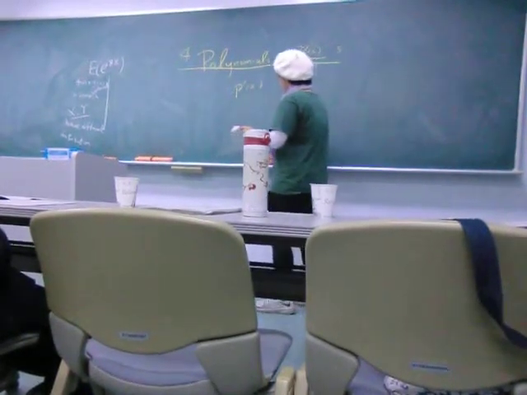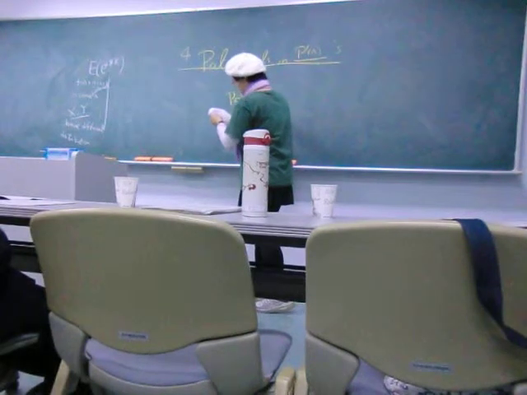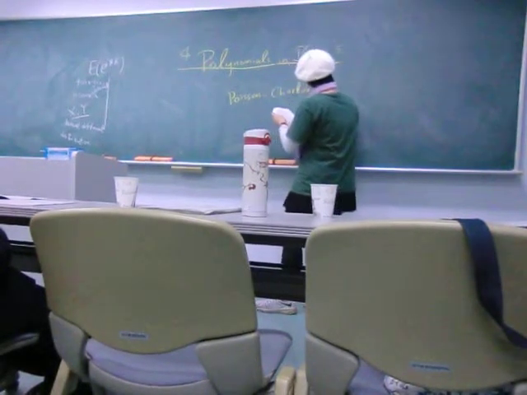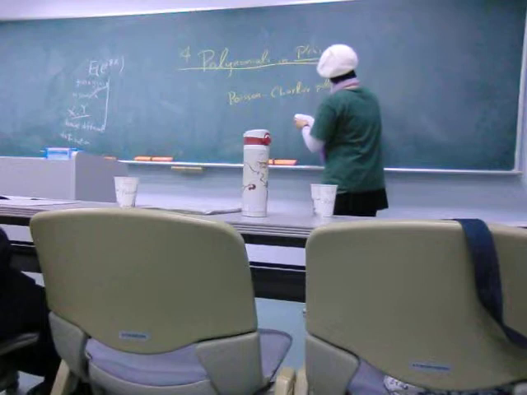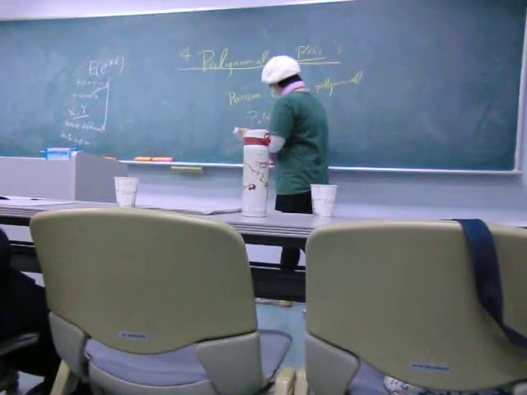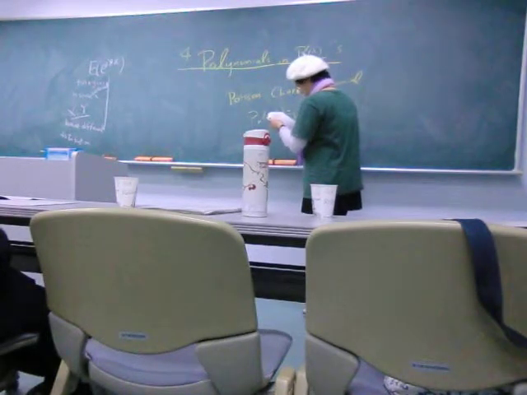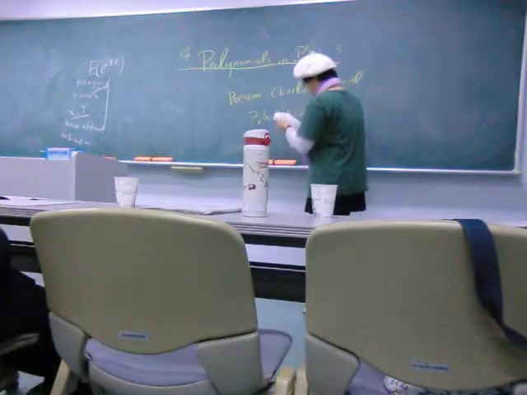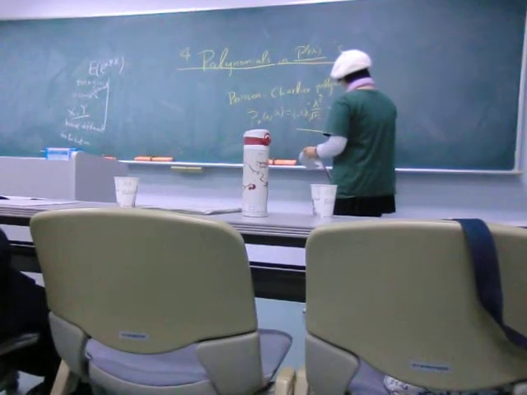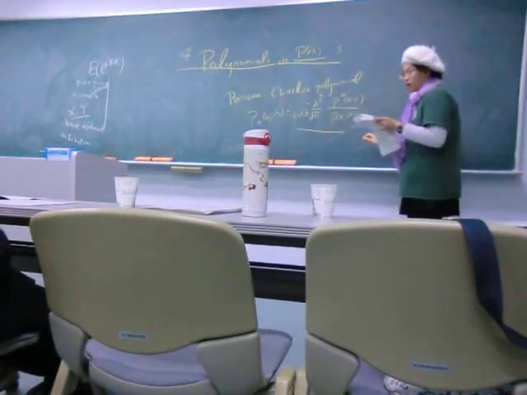In the Poisson-Charlier polynomial, we know the term will be Pn x lambda, can be this kind of term.